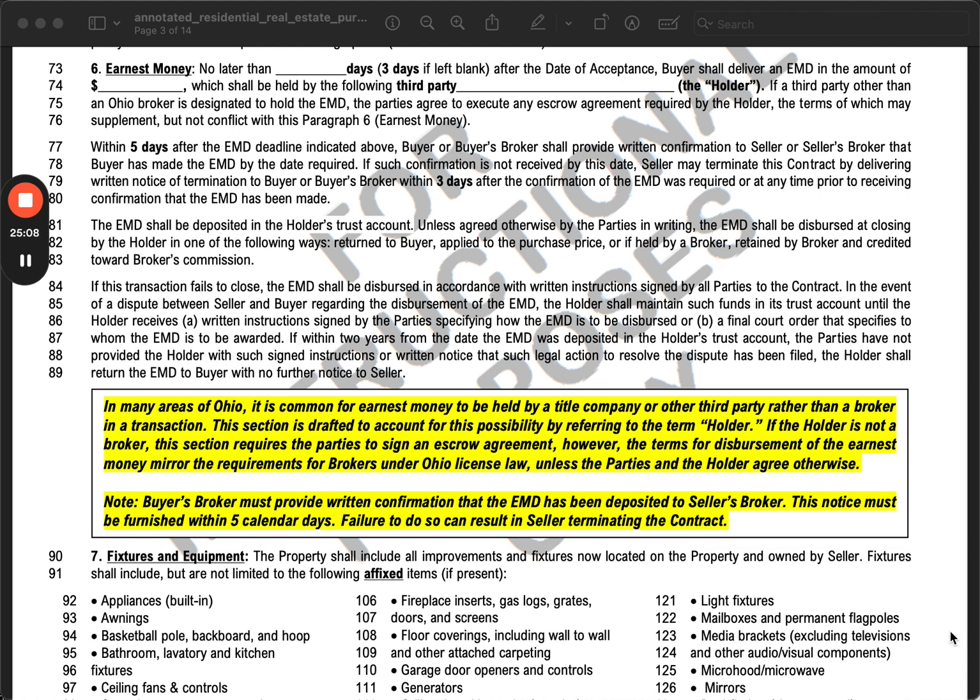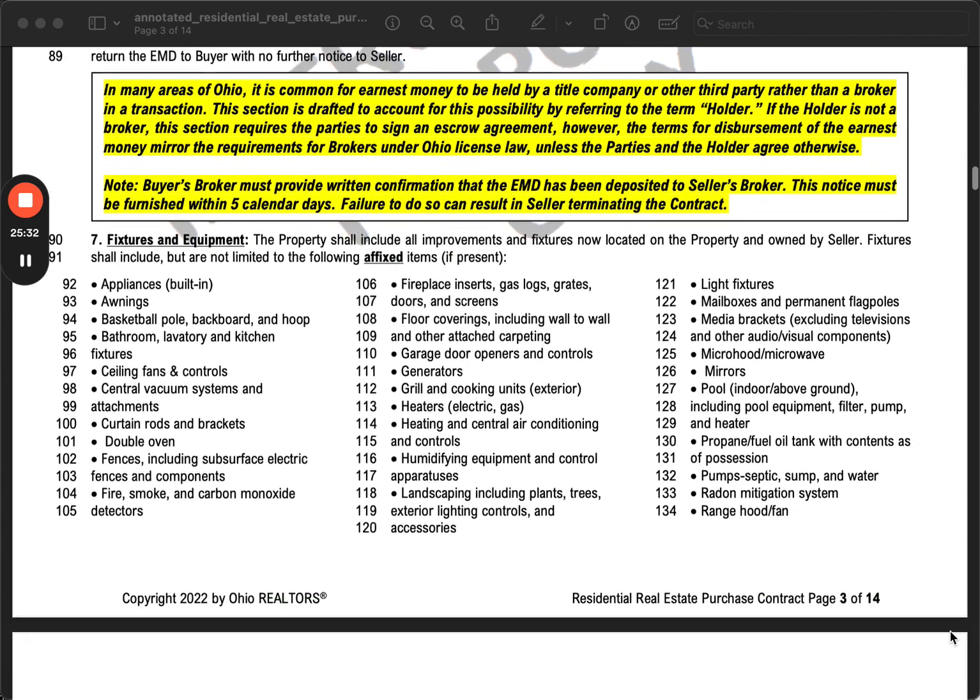So it's critically important, as you'll see some of these trigger dates in and throughout this purchase agreement, for both real estate agents, the one who represents the seller and the one who represents the buyer, to stay actively involved in the deadlines in these purchase agreements, because no matter which party you represent, that client will have the opportunity to consider canceling in certain areas.